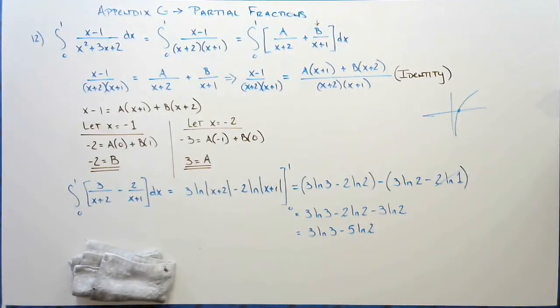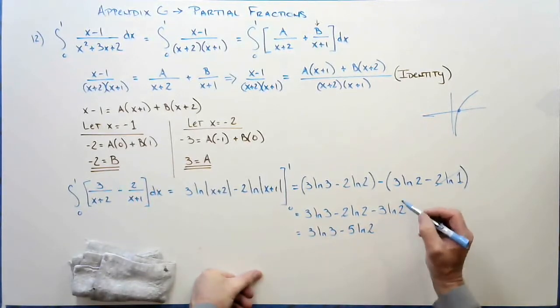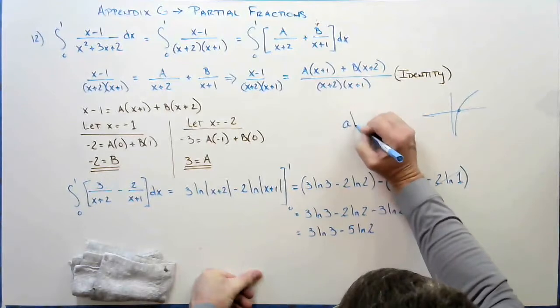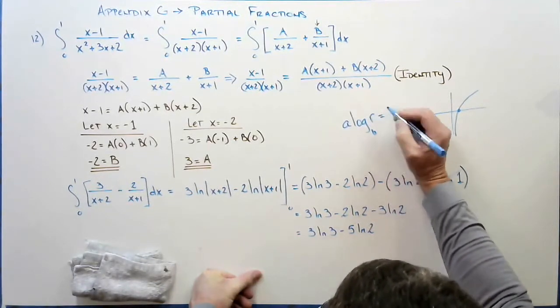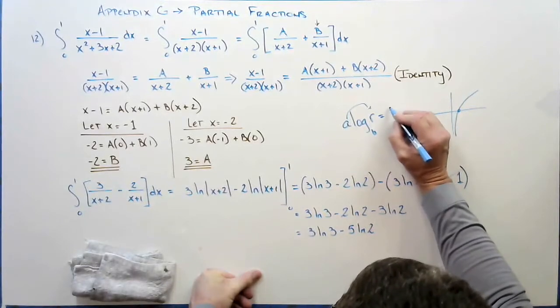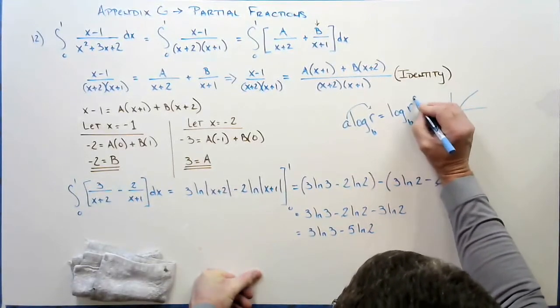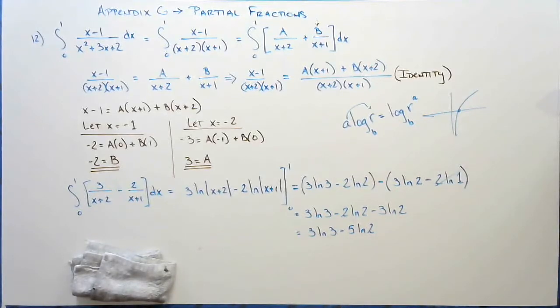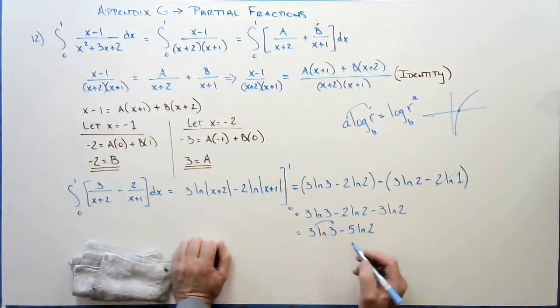Now, the answer may be expressed in this manner in the back of the book, or we could use the log property that says if you have a log base b of r, that a can go up here and we can rewrite that as log base b of r to the a. In other words, we can put this 3 up here.